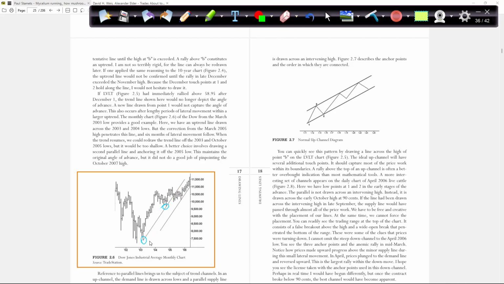But the correction from the March 2005 high penetrates this line right here and goes below, and 6 months of lateral movement follow, right? Let's draw it. This lateral movement.